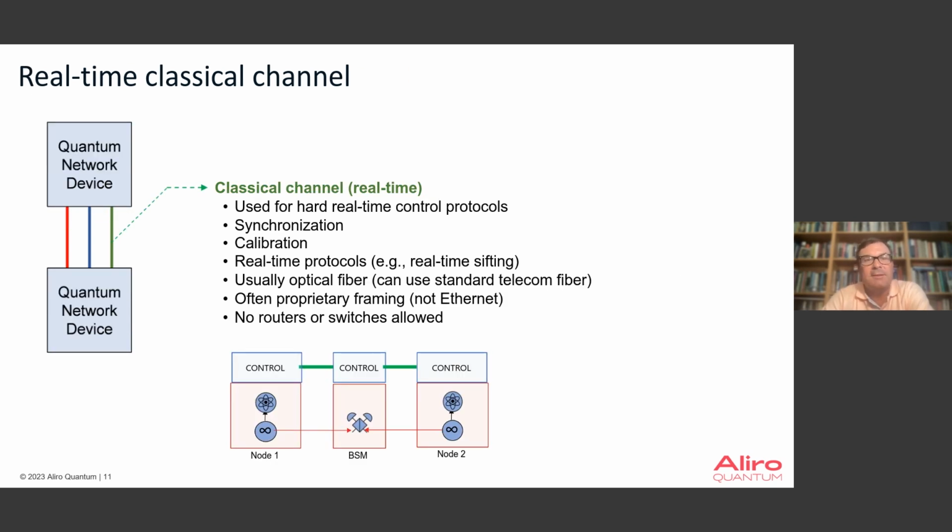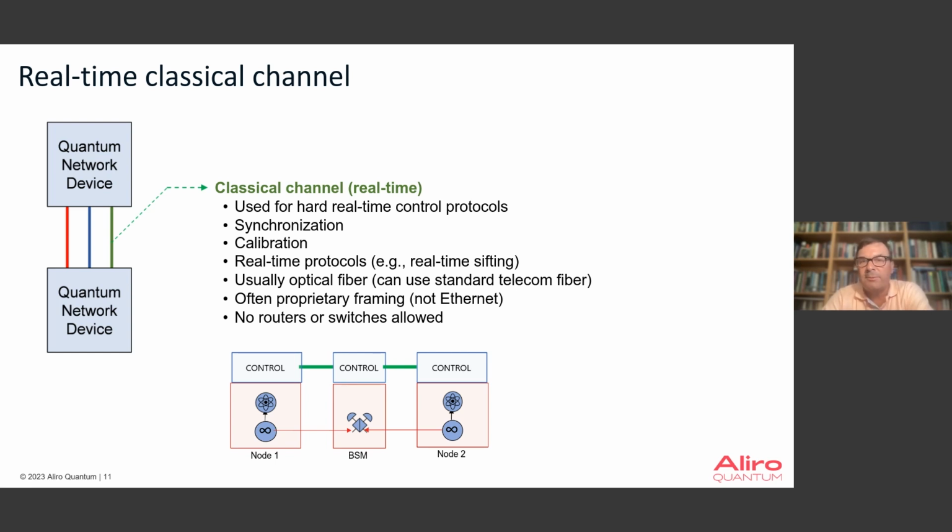The third channel is the real-time classical channel. The real-time classical channel is used to carry that small subset of control protocols that is very hard real-time in nature. As I mentioned in the previous slide, these hard real-time control protocols require extremely precise synchronization down to the nanosecond level.